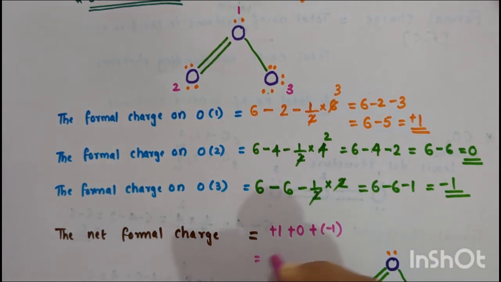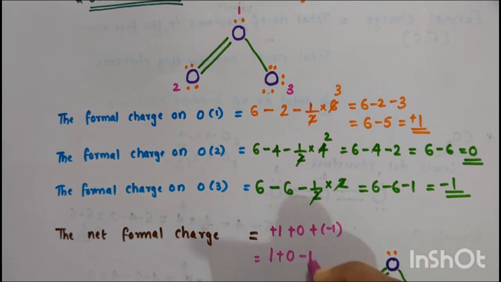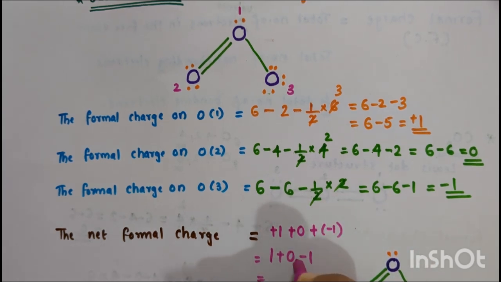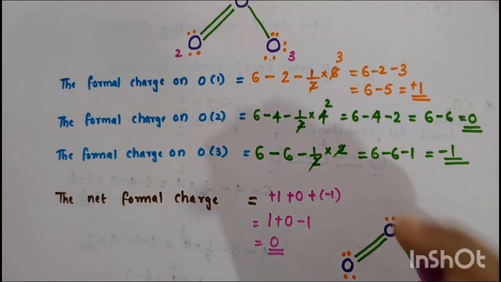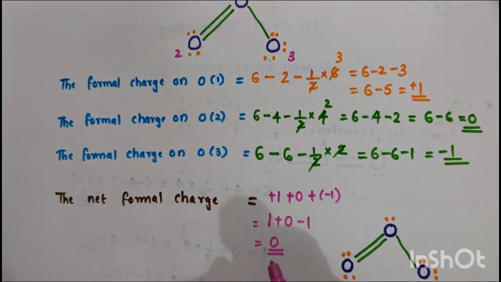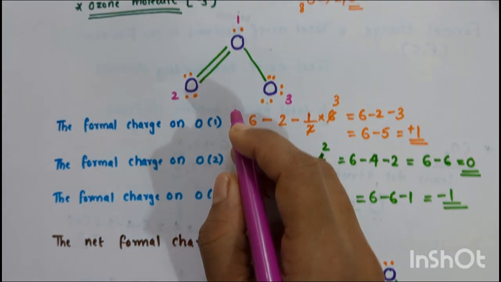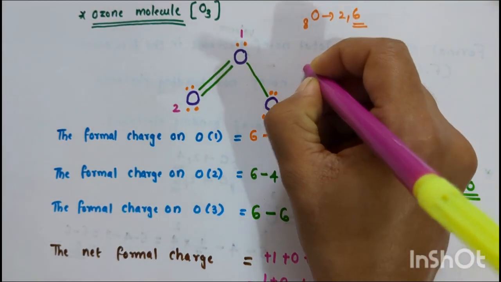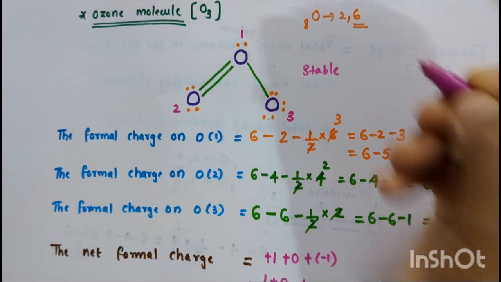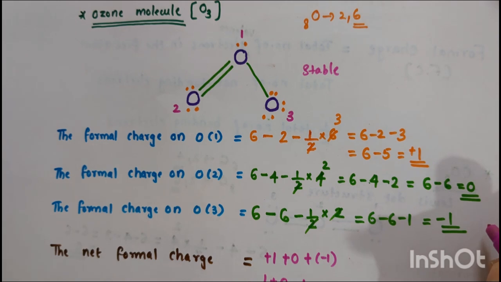So 1 plus 0 is 1, and 1 minus 1 is 0. So the net formal charge on this ozone molecule is equal to 0. This actually indicates that this structure of the ozone molecule is a stable structure.